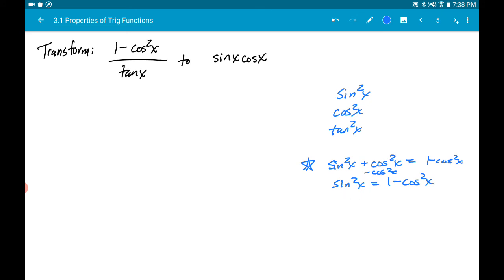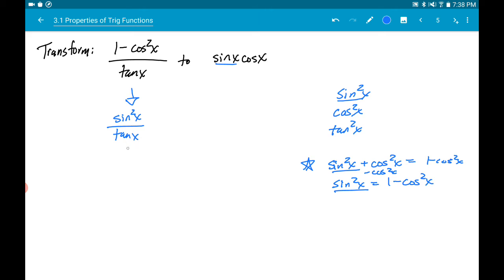And so the numerator becomes a sine squared. And it's experience that lets me do it, but I want to somehow get a sine in there because there's a sine in the goal. You want to convert stuff to try to make the goal show up.